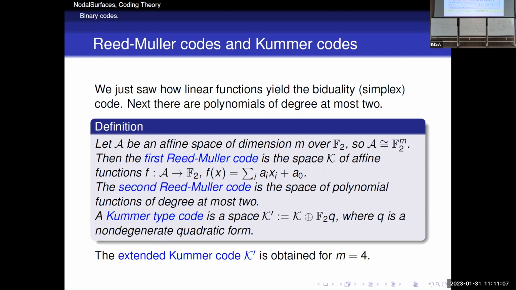That's why you get 16, the number of theta characteristics. So the standard Kummer code is obtained for n equals 4. You have a function on 16 elements, and you get this Kummer code.